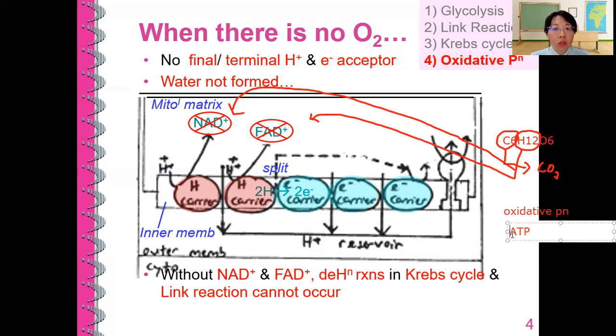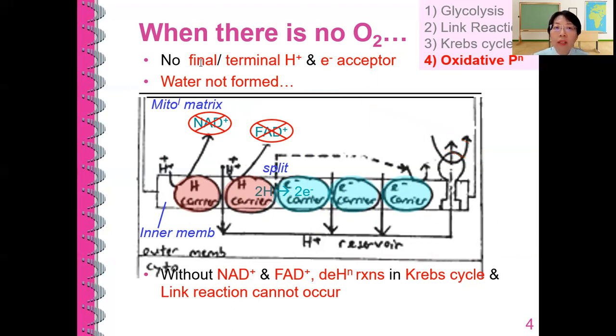So NAD+ and FAD+ are very, very important in all the dehydrogenation reactions in the Krebs cycle and link reaction in order to carry this hydrogen to be oxidized to produce ATP. Which means to say, when there's no oxygen, NAD+ and FAD+ cannot be regenerated. So my Krebs cycle and my link reaction will have to stop.